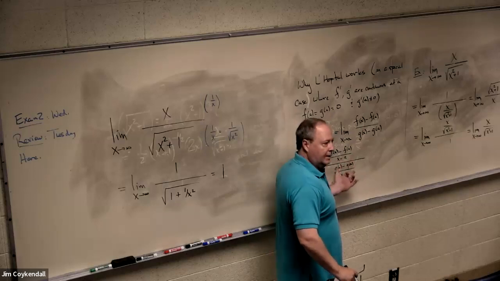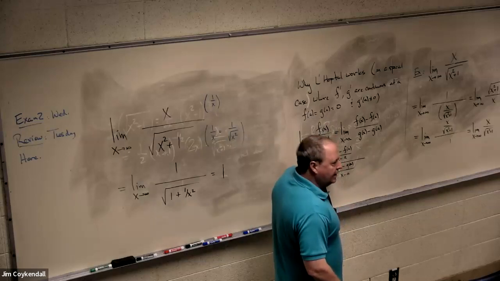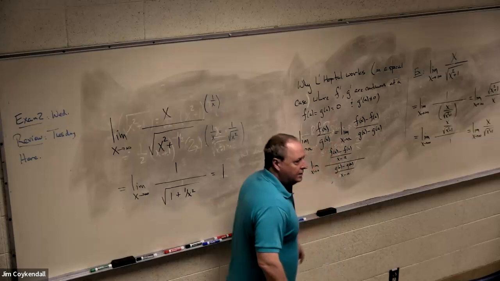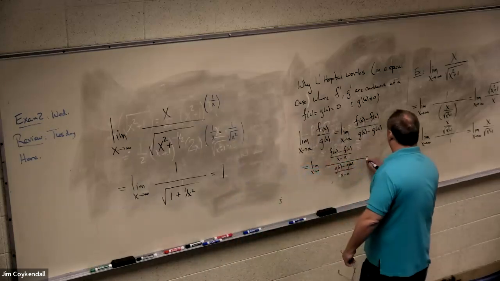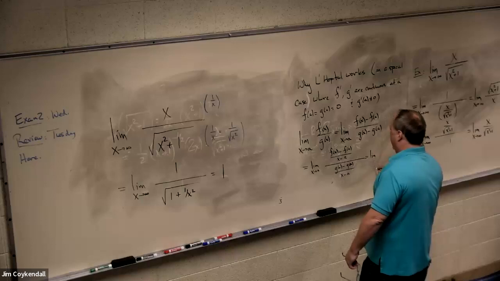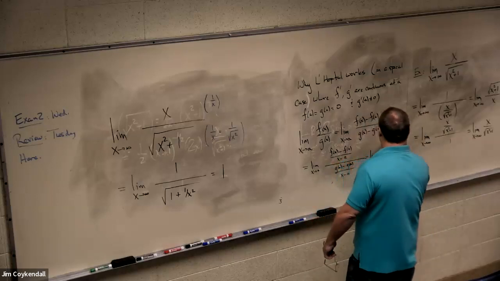We can say that that quotient in the top, does that ring a bell? What does that look like? That's right. As x goes to a, this should be f prime.